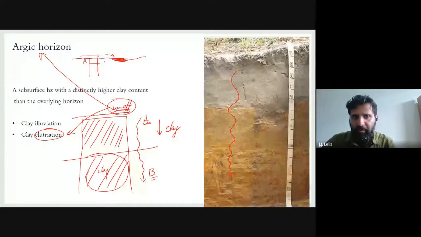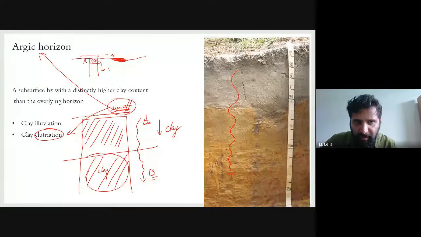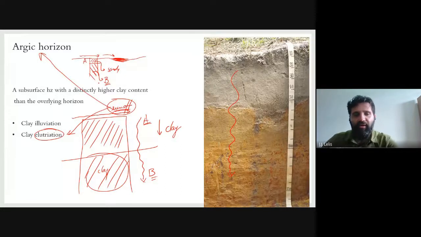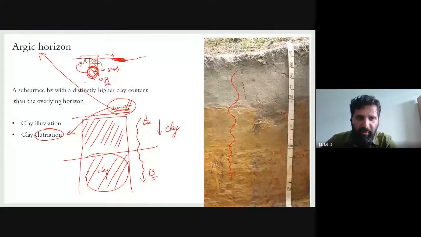It's not a problem, but this A horizon starts to get sandy, and this horizon is clay rich because the weathering increases the content of clay here. And now we have a horizon that presents a higher content of clay in comparison to the overlying horizon. Okay?